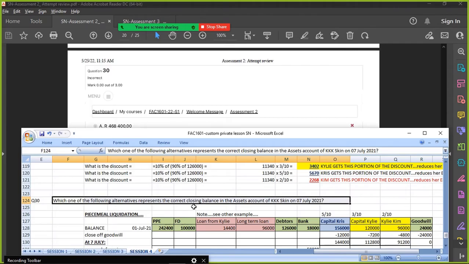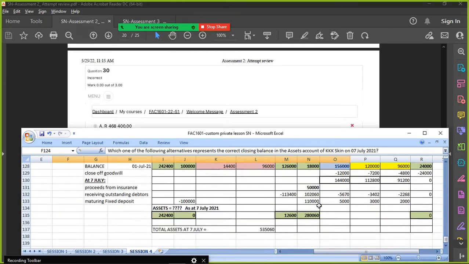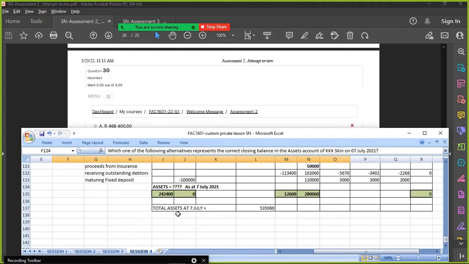Okay, fair enough. If it's on, then we have to pay out each partner their share, so I do have to use the loss absorption. That answer's not there, so let's apply the loss absorption capacity method for piecemeal liquidation, and then we'll see if we get an option that's there.